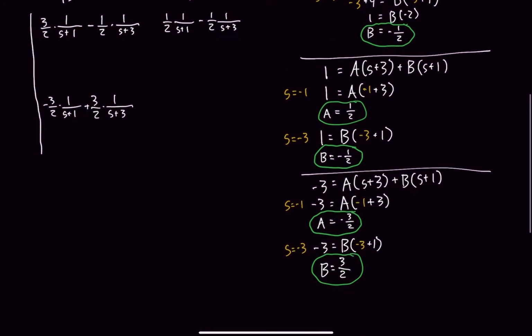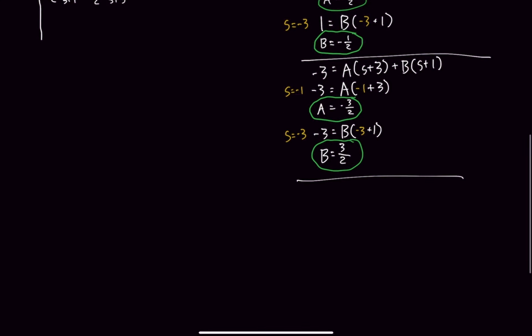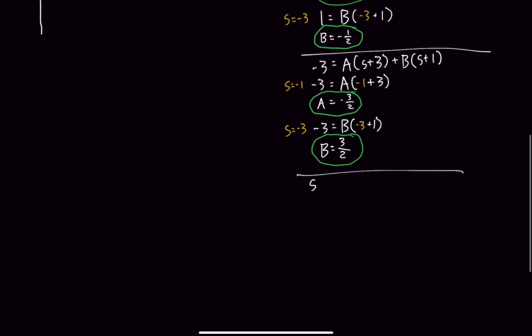So now we got our last one, which is s equals A times s plus 3 plus B times s plus 1. Let's make s equal to negative 1. So that gives us negative 1 equals A times negative 1 plus 3, where the B term goes to 0.